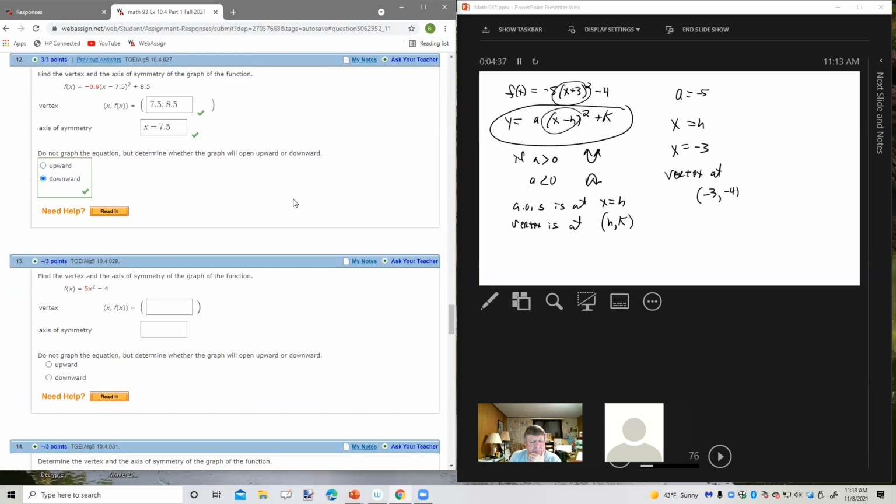So Mr. Mayo, since it says x minus 7.5, is it the opposite because it's being multiplied by the -0.9? Nope. It's the opposite because that's how the formula works.